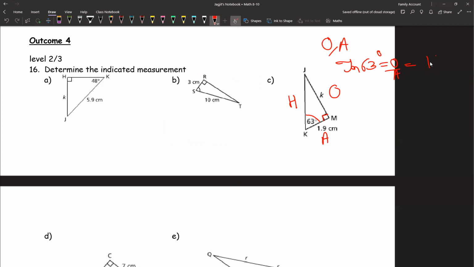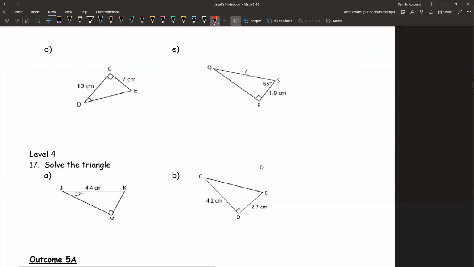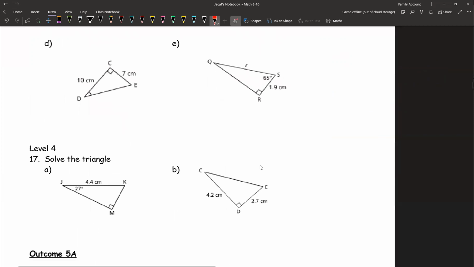Your opposite is what we're trying to find, and our adjacent is 1.9. You'll cross multiply that. 1.9 times tan 63 will be your k value. What would that be equal to? 1.9 times tan 63. Anyways, you punch it in, get your answer. These are very similar questions.